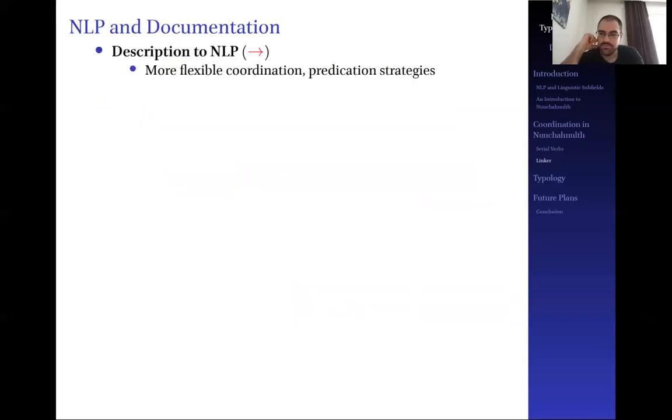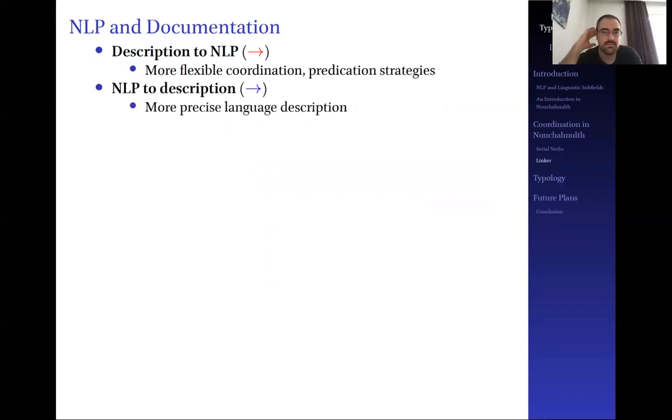So in summary, from this little case study, what is the relationship between NLP and documentation? From language description to NLP, I got more flexible coordination strategies and more flexible predication strategies, these super parts of speech that united verb, noun, and adjective. From NLP in the direction of description, I got much more precise description of what was going on in Nuuchahnulth.